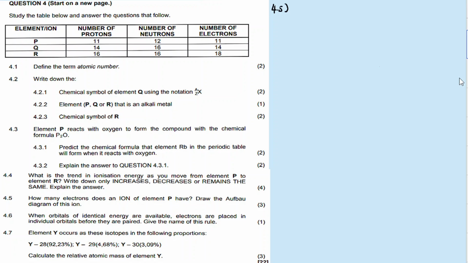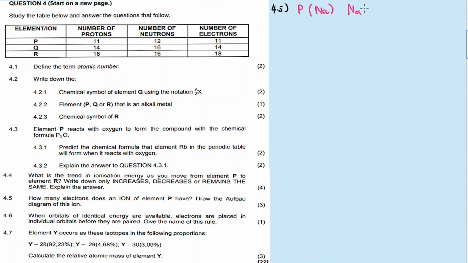Element P we identified as sodium, right? It's sodium. But it's through an Aufbau diagram for element P. The ion of element P is what?